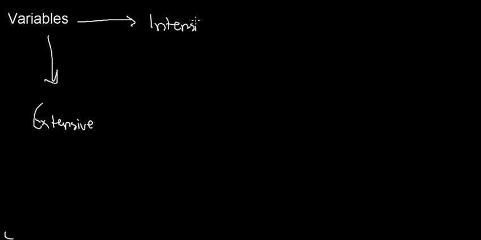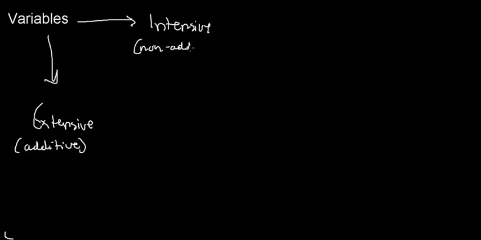If we can add them up, we have extensive variables that we can add up between the respective systems, and intensive would be variables that we cannot add up. So I'm going to put it in additive and non-additive.